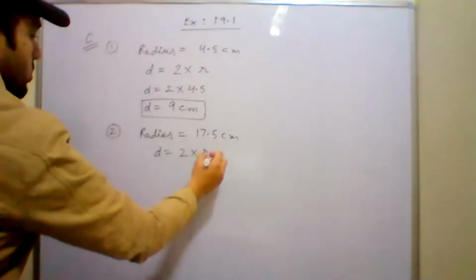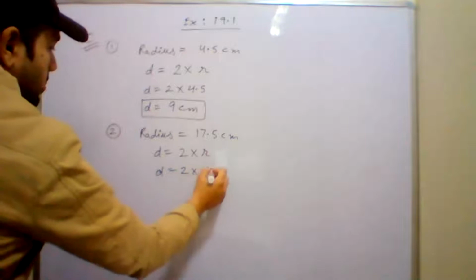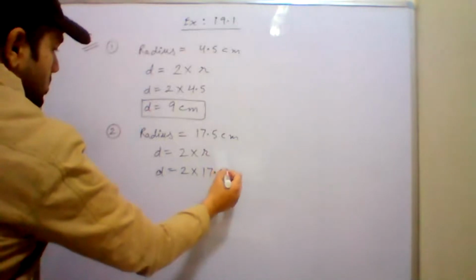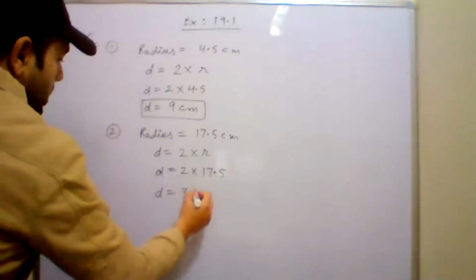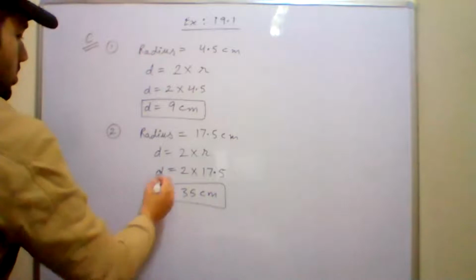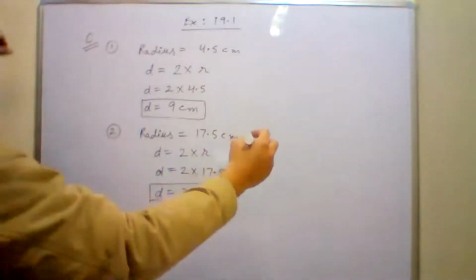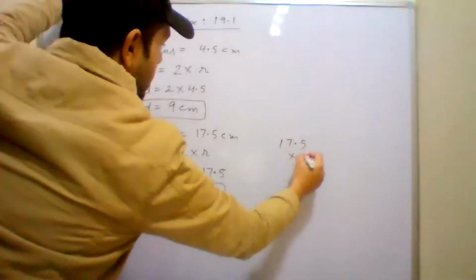Diameter is equal to 2 into r. D equals 2 into 17.5. 17.5 multiplied by 2 is equal to 35 centimeters. मैं डायरेक्टली मल्टीप्लाई कर लेता हूँ, आप लोगों को मल्टीप्लाई करके यहाँ पर शो करना है. 17.5 multiplied by 2.